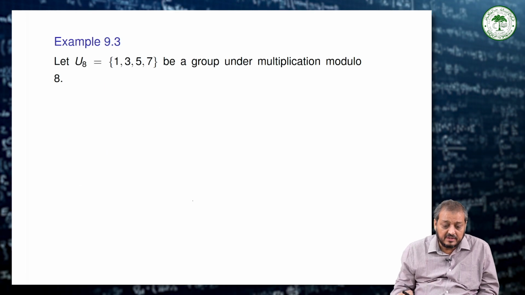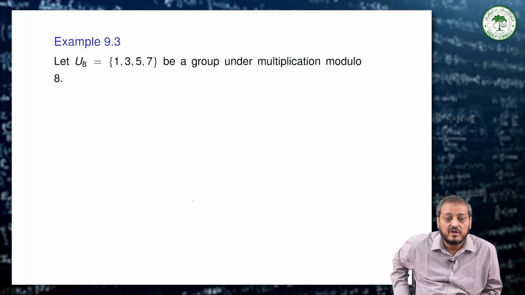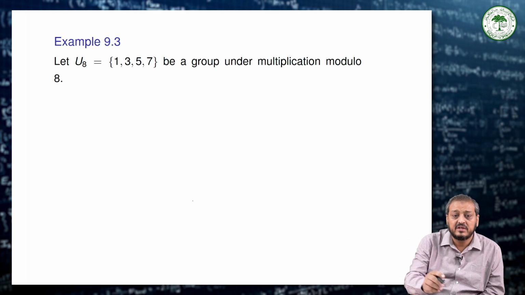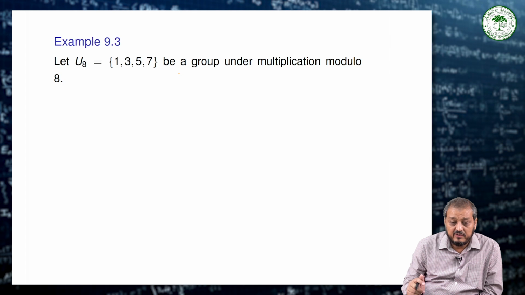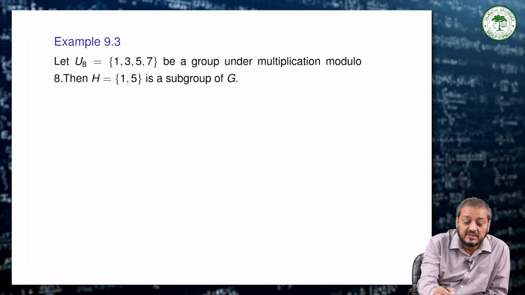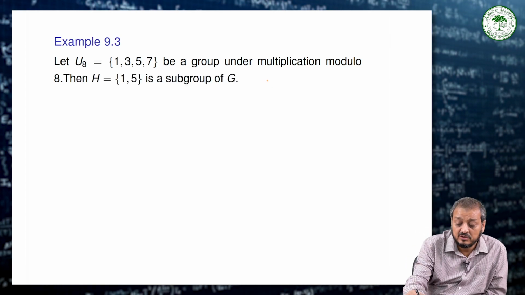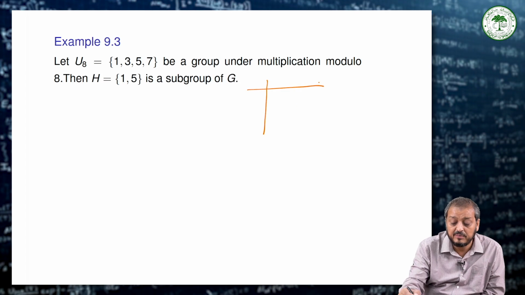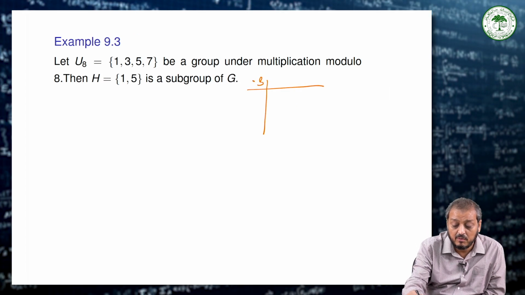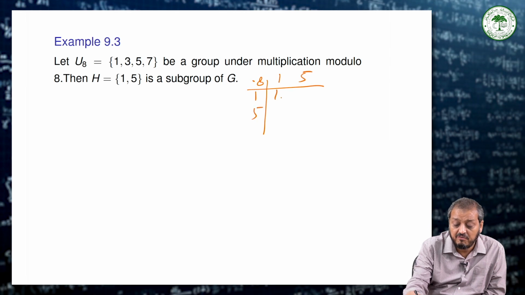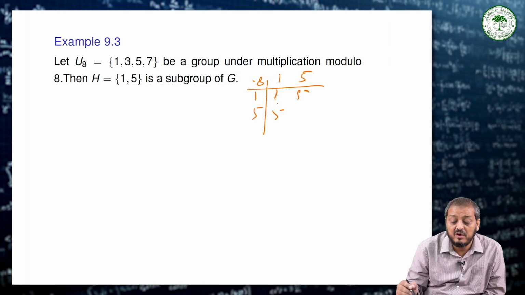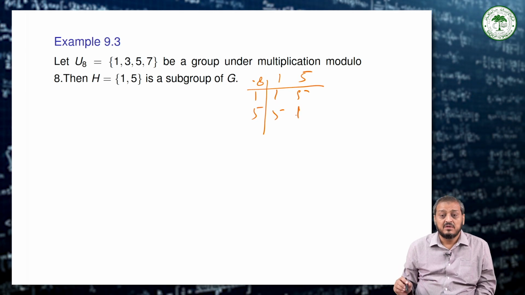So let us take this example: U8 is clearly a group under multiplication modulo 8. Now we take a subset of this, H equal to {1, 5}. By the Cayley table for multiplication modulo 8, we have 1, 5, 1, 5, and again 1.